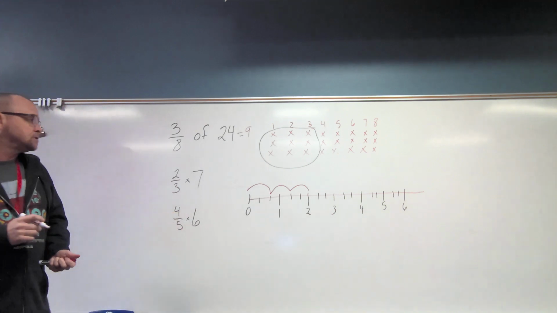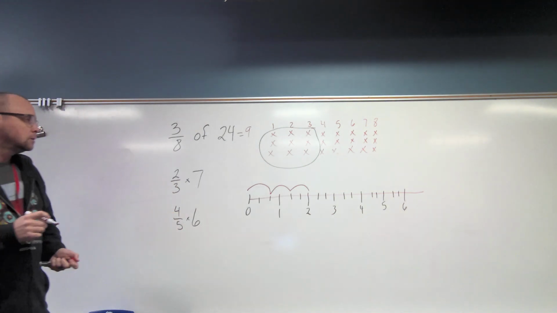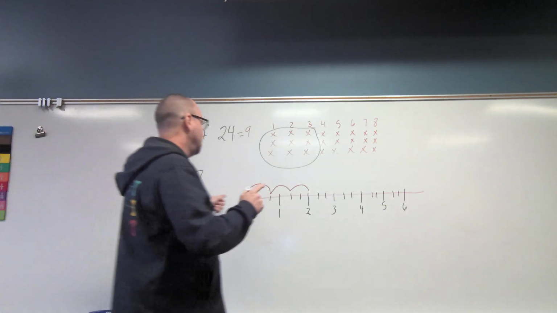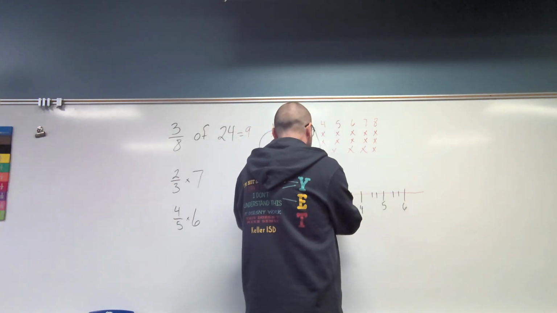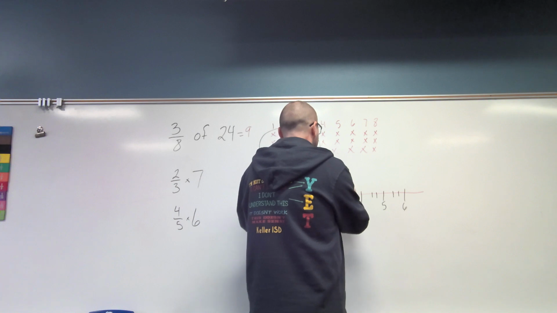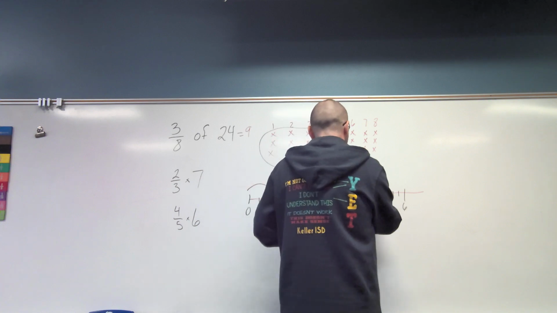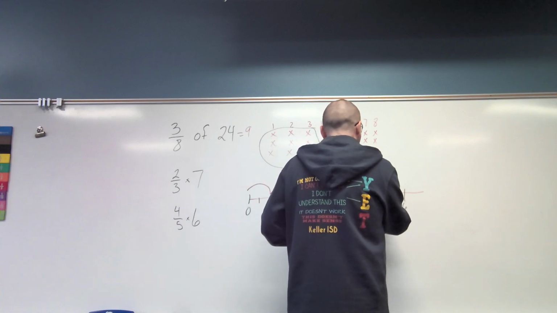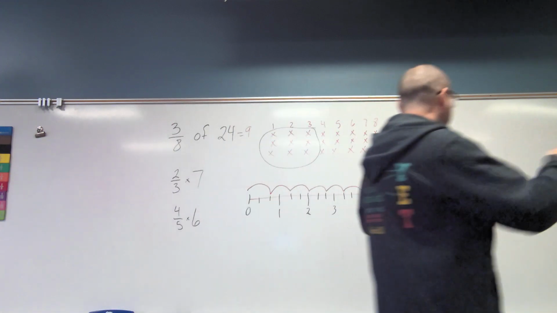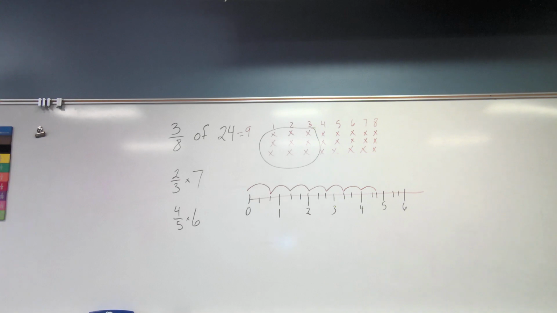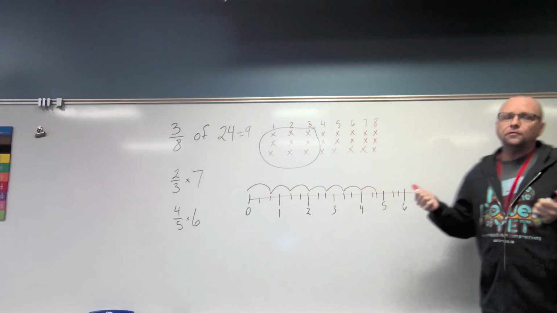So 2/3 times 3 is 2. I've got to do this 7 times. 2, 2 and 2/3, 3 and 1/3, 4, and so on, up to 7. So I've counted by 2/3 on the number line 7 times. Okay, is my answer greater than 3?